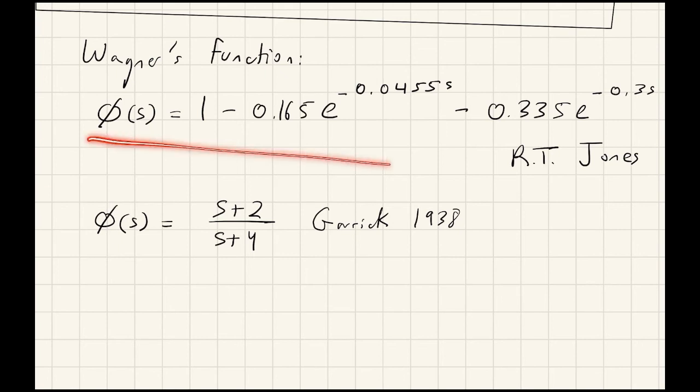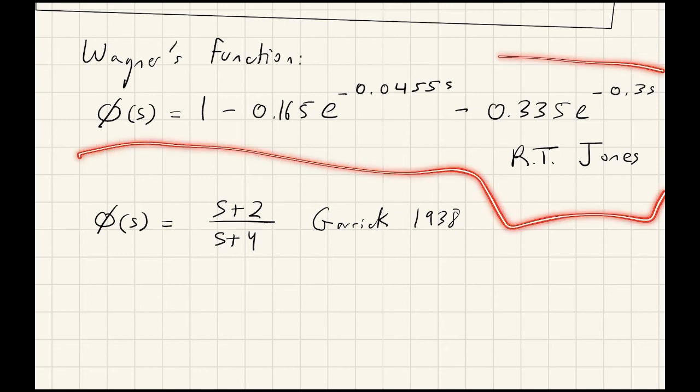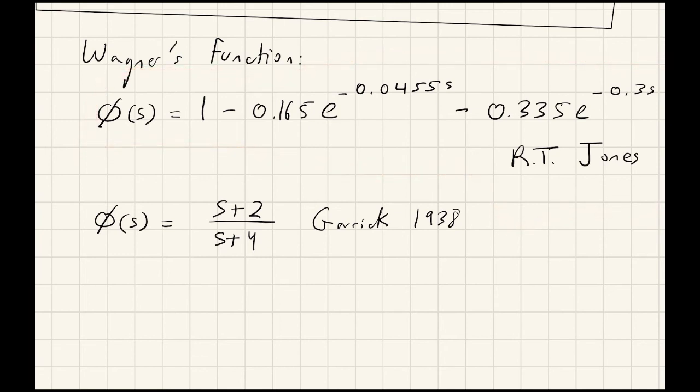Now, obviously, this function is more accurate, but this function does have the upside that it is a lot simpler. So in terms of specific controls analysis, it could be preferable to use this function. But in general, I would rather use this function when I'm trying to estimate lift forces using Wagner.